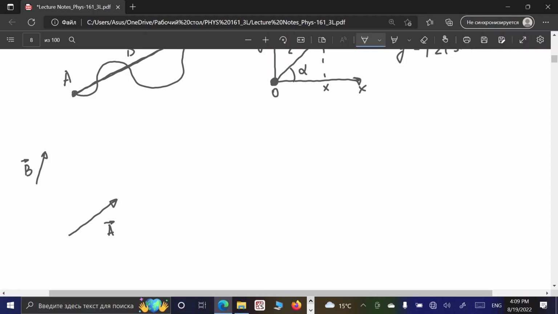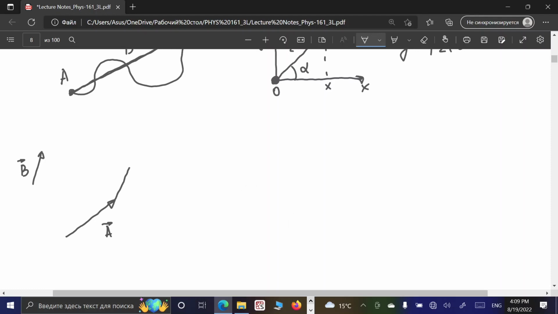What we do, we just move this vector b so that its origin is aligned with the end of vector a. And when we do this, we can connect the origin of vector a with the end of vector b with a new vector c, and that is the sum of vector a plus b.